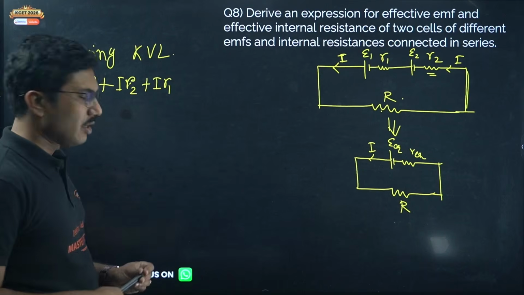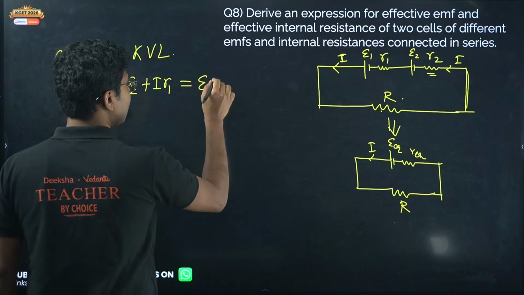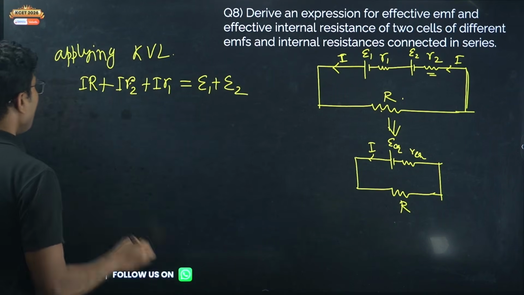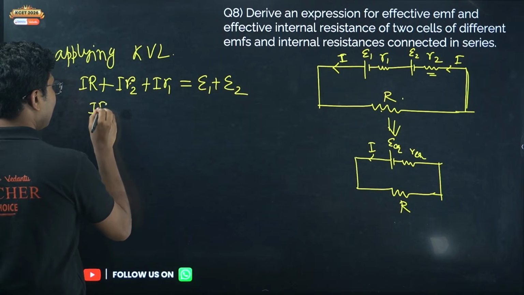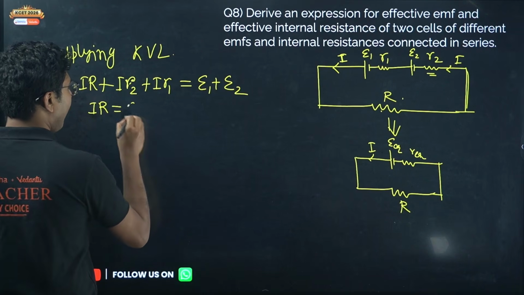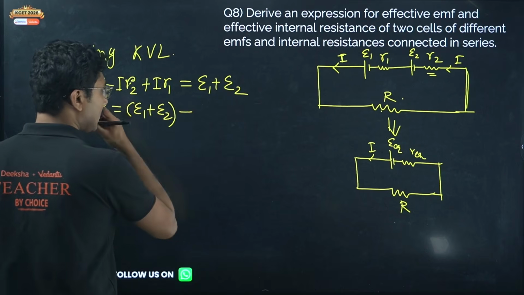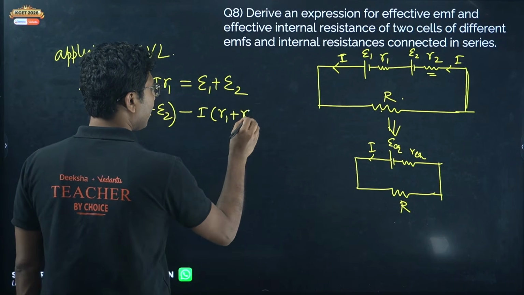So all the voltages are added, and that should equal the sum of the EMFs, epsilon 1 plus epsilon 2, or IR equals epsilon 1 plus epsilon 2 minus I into R1 plus R2.